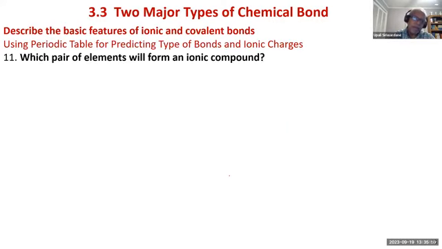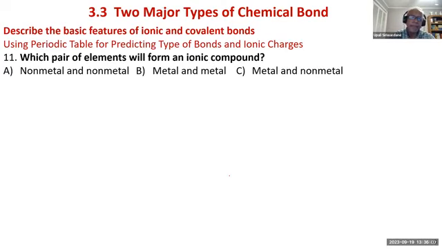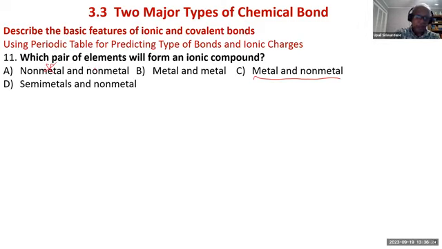Which pair of elements will form an ionic compound? We already talked about ionic bond formation between metal and non-metal. That should be the answer. Non-metal with non-metal forms a covalent bond.